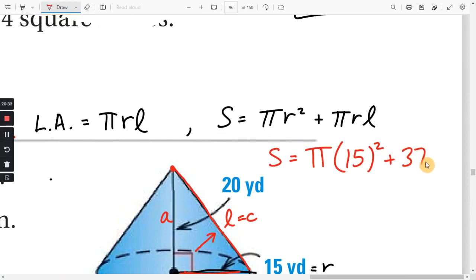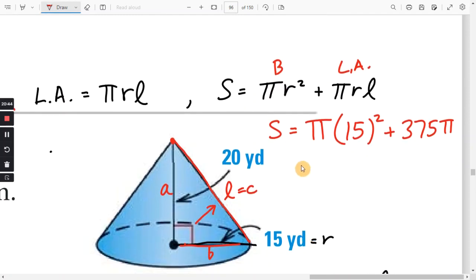We have the lateral area already. Remember, this part of the equation is the lateral area. This part of the equation is just the base. That's the circle on the bottom. 15 times 15 is 225. And that's times pi. And that's plus 375 pi.